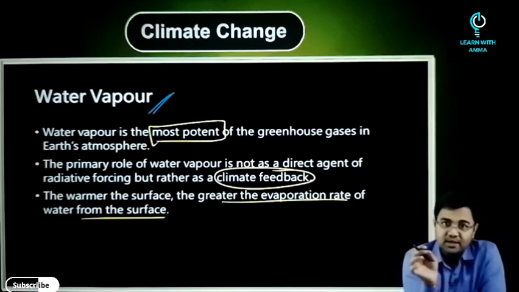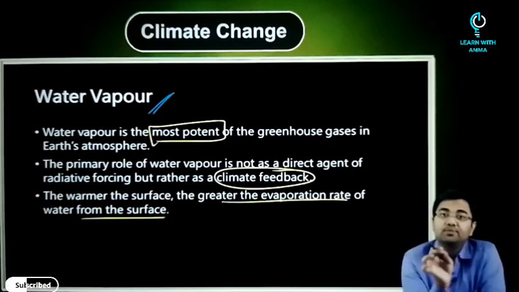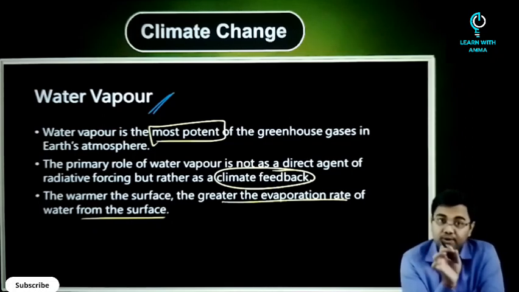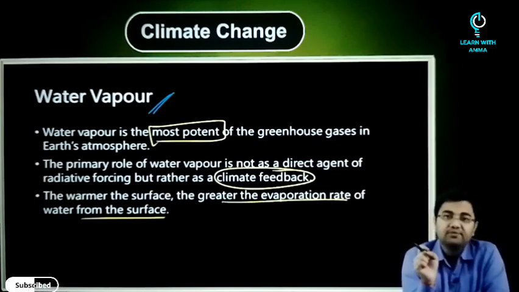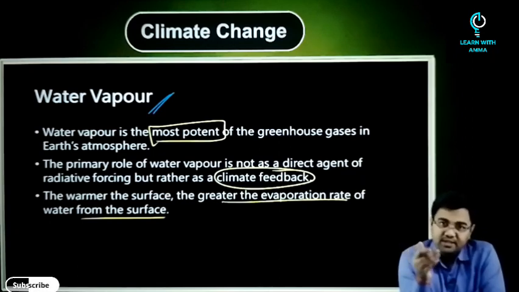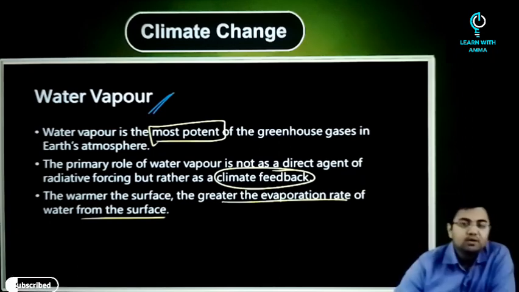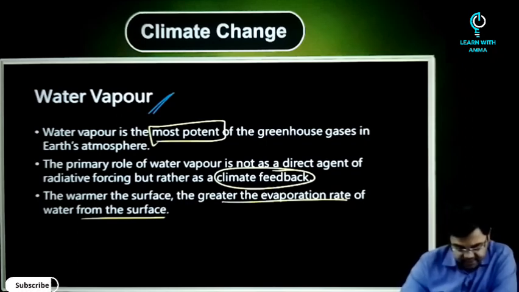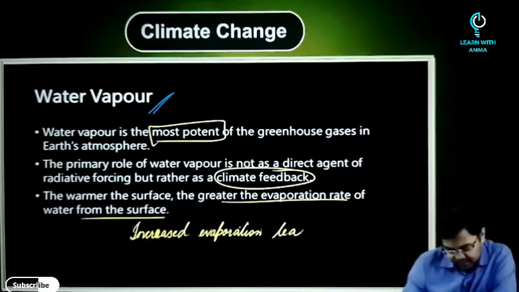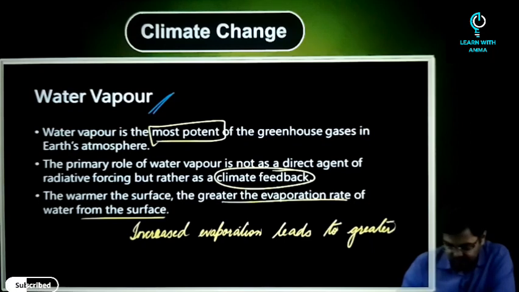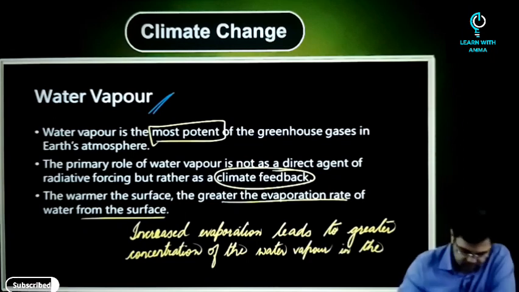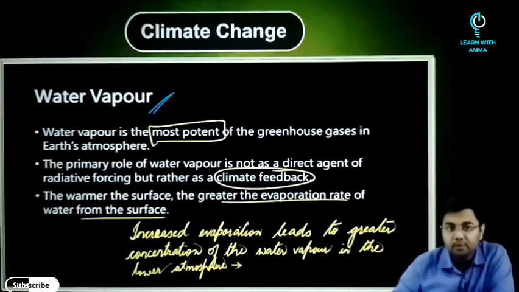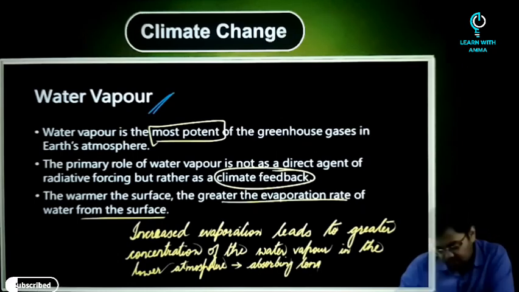As a result, increased evaporation leads to a greater concentration of water vapor in the lower atmosphere, which is capable of absorbing long wave radiation, and it starts to emit it downwards.